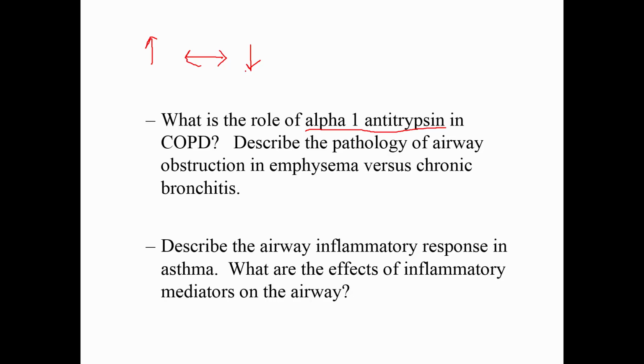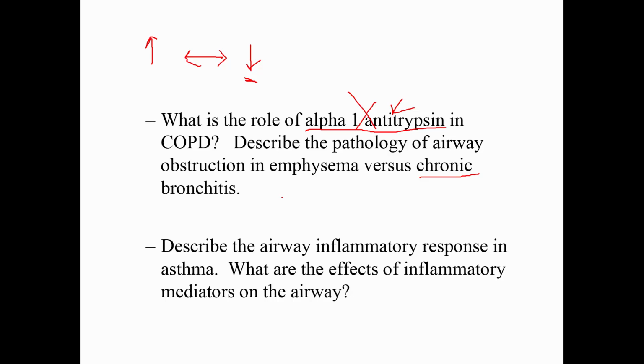You want to break down the matrix, but you want to build the matrix, and these two need to be in balance. If there's something wrong with this enzyme, you're out of balance and you're promoting breakdown. In addition, cigarettes interfere with this enzyme and you can get an imbalance. And so this is how emphysema from chronic smoking can result, because you're breaking down the extracellular matrix.